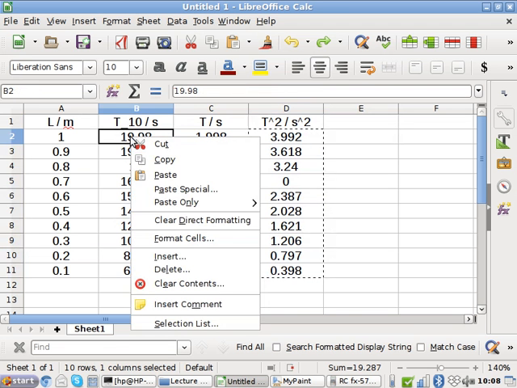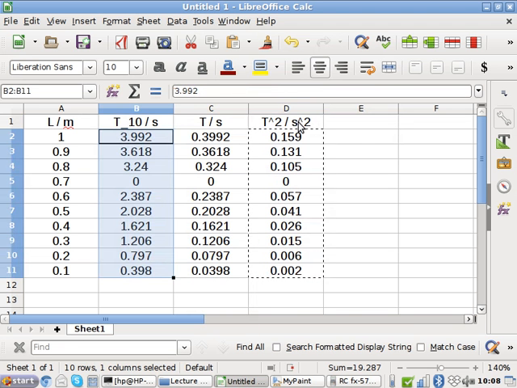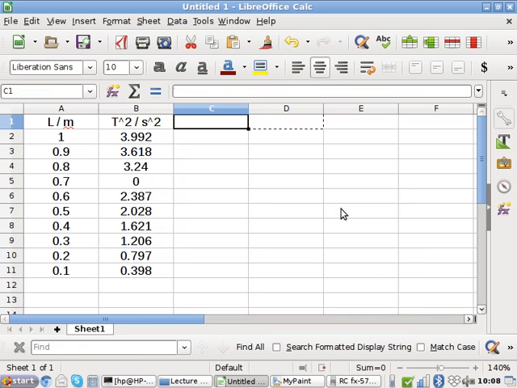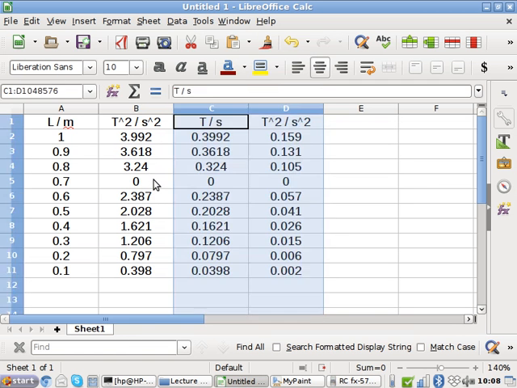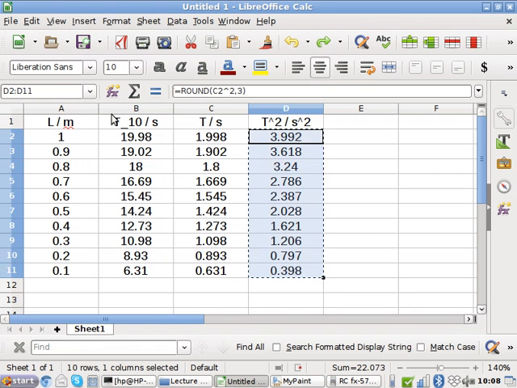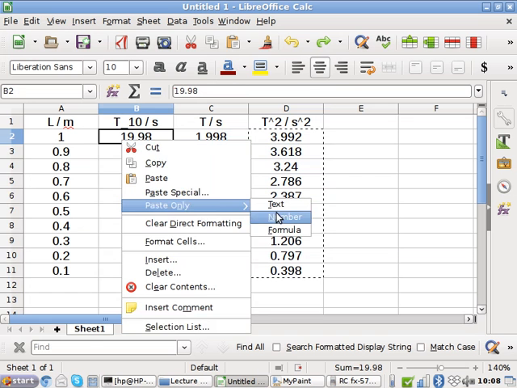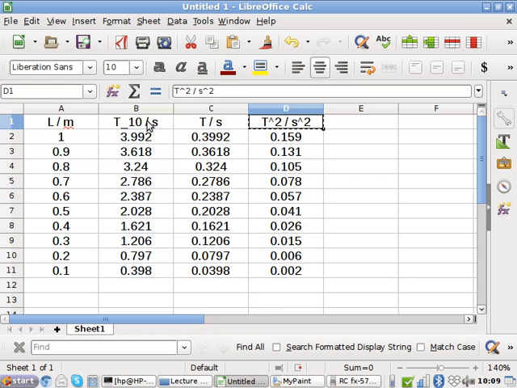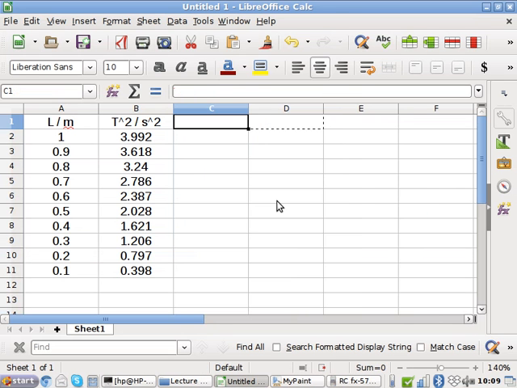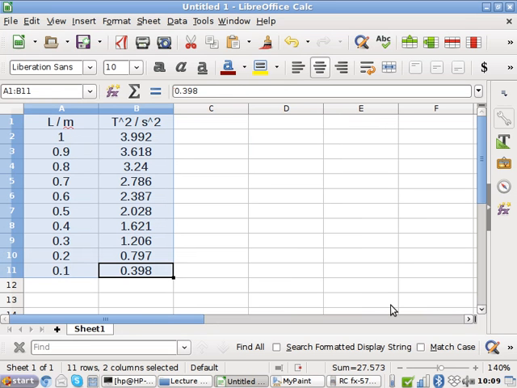Right, paste numbers. Okay, that goes there. And let's delete this. There we go. That is 0. How did that happen? All right, let's try that again. Copy, paste, numbers, that goes there, delete columns. Okay. All right, so this is what we need now.